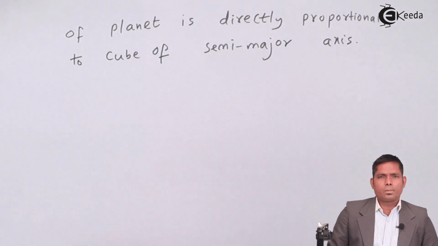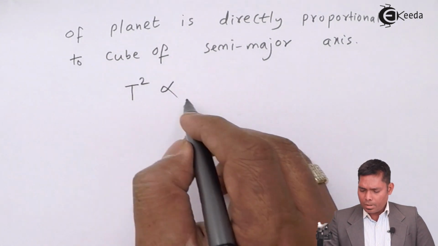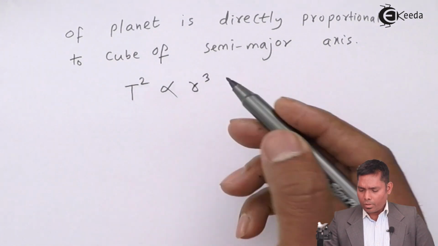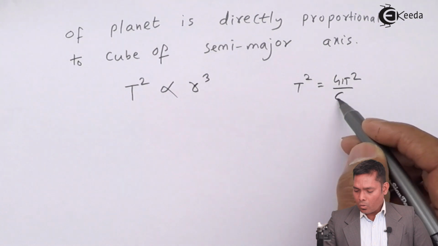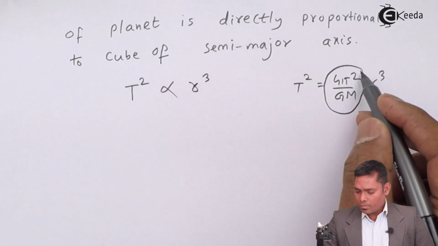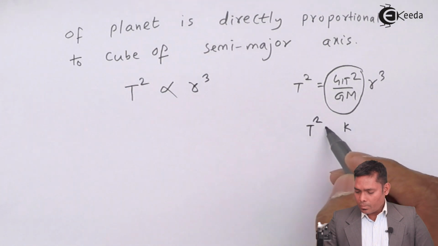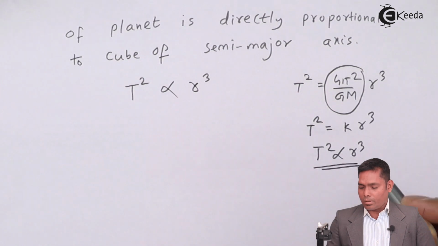That means the square of the time period of the planet is proportional to r cube. We have already discussed from the expression that T square is 4 pi square over GM times r cube. Because this is a constant, T square is some constant times r cube, or T square is proportional to r cube.